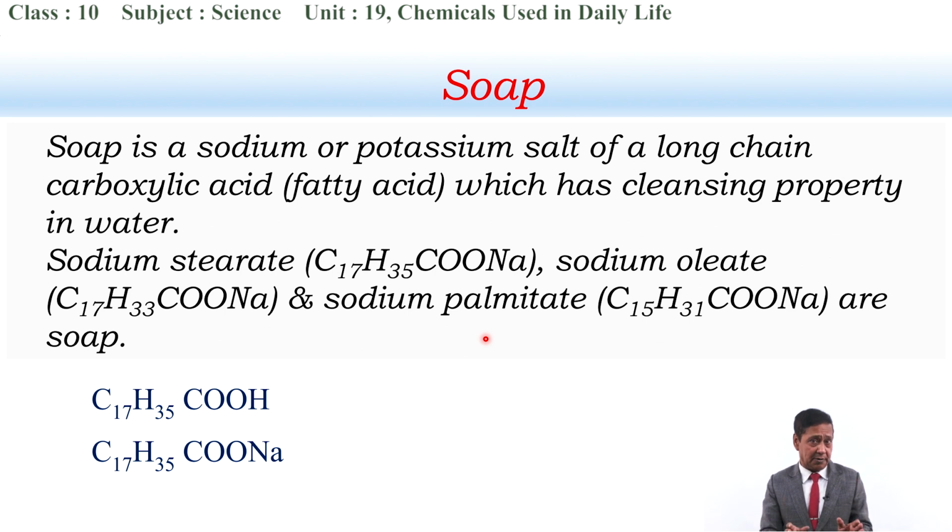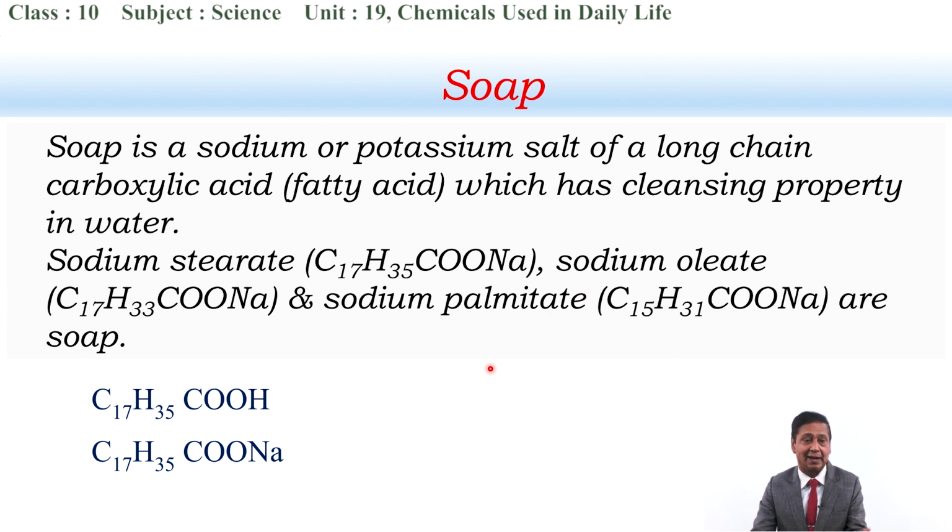Probably you have heard different names of soap, and the name is given by the manufacturer, not by the scientist. Some manufacturers give a certain name to their product, and other manufacturers give another name. But whatever they are, if that is soap, then it contains either sodium stearate or sodium oleate or sodium palmitate or a mixture of them, and the proportion of the mixture may be a little different.